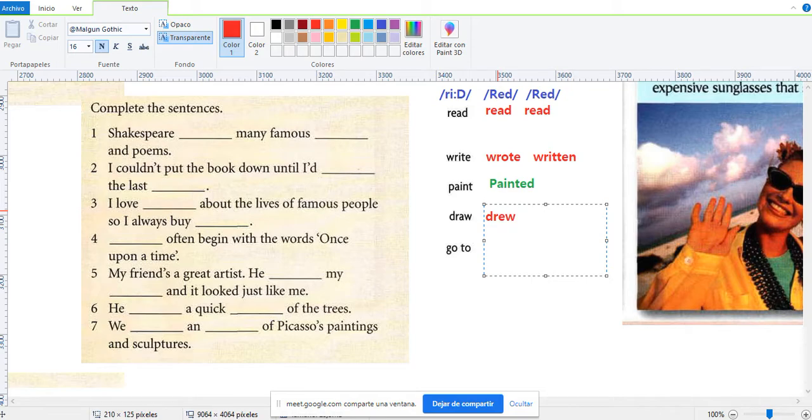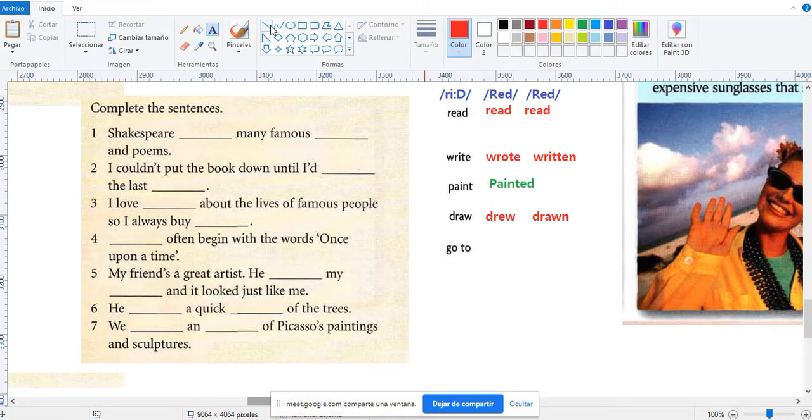drew, and past participle is drawn, dibujado. So I draw is yo dibujo, I drew, yo dibujé, and I've drawn, que es yo he dibujado.